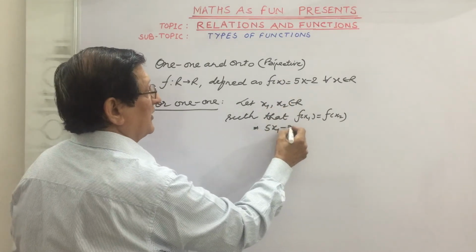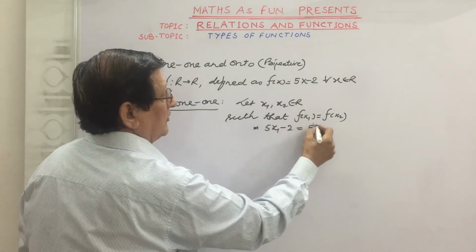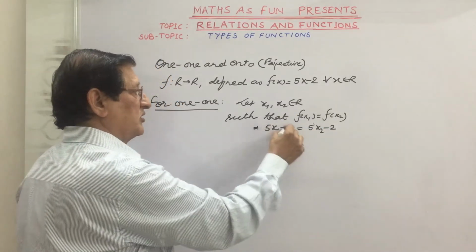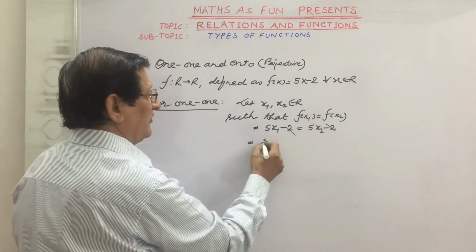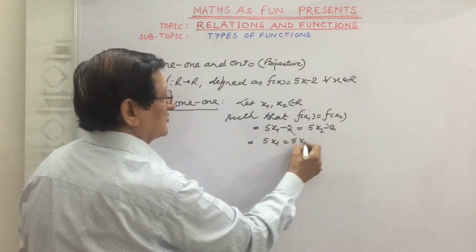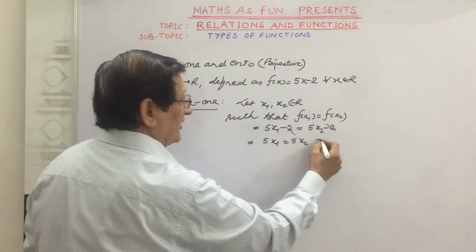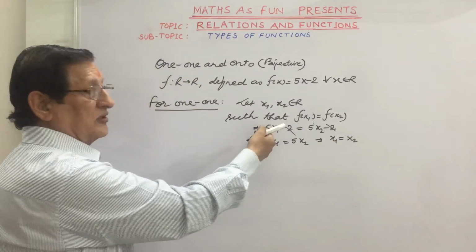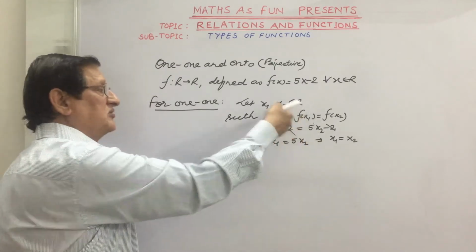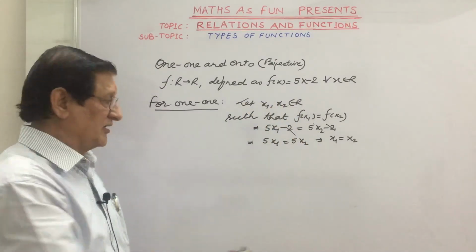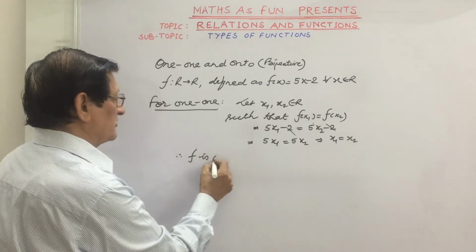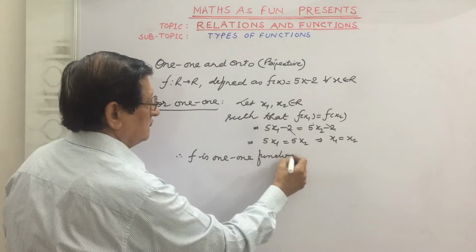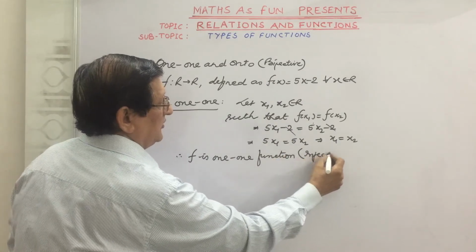This is 5x1 minus 2 is equal to 5x2 minus 2. This 2 and 2 get cancelled. So we are having 5x1 is equal to 5x2. 5 cancel, and we are having x1 is equal to x2. It means for the distinct elements the images will be distinct, and hence we can say that f is one-one function or injective.